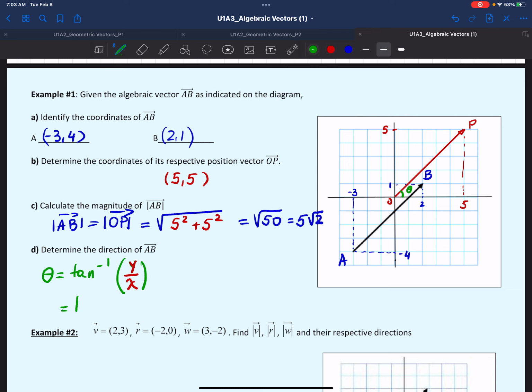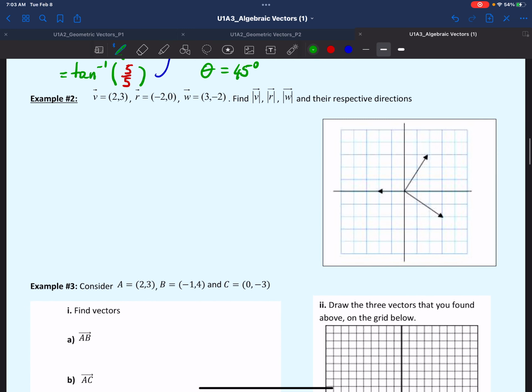So that would be inverse tan of 5 over 5, or inverse tan of 1, which equals 45 degrees. So we'll say the magnitude is 5 root 2 and the angle made is 45 degrees.